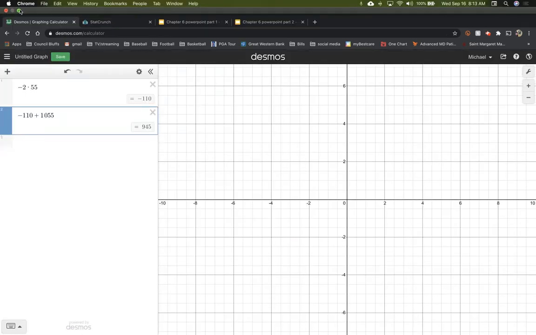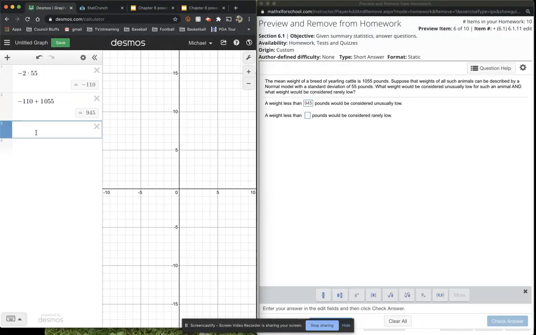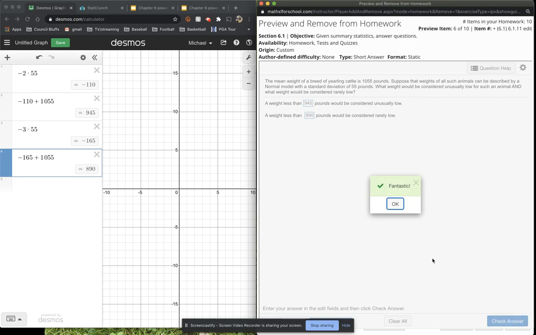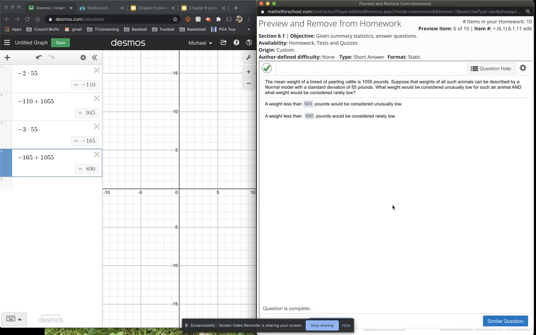So I'll take -3, multiply it by the standard deviation of 55, and then take that answer and add the mean of 1,055. So we get a weight less than 890 pounds would be considered rarely low. And that is it for that one.